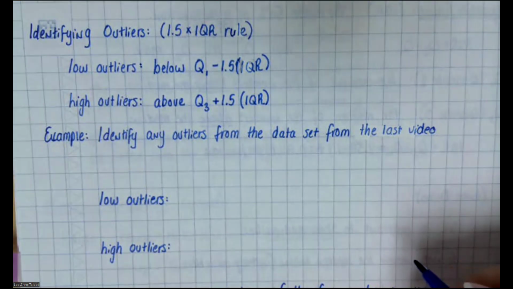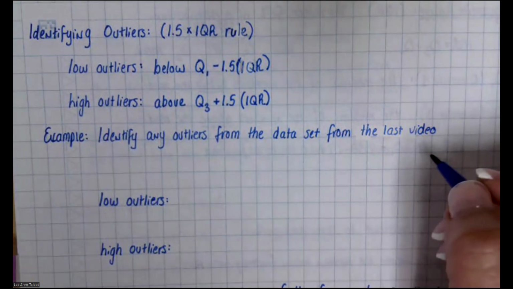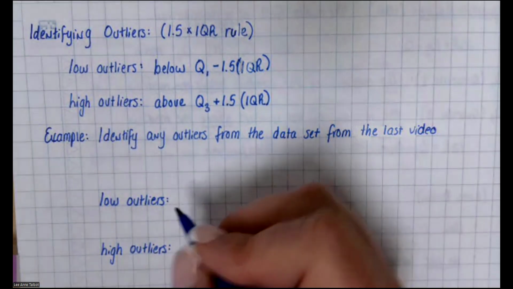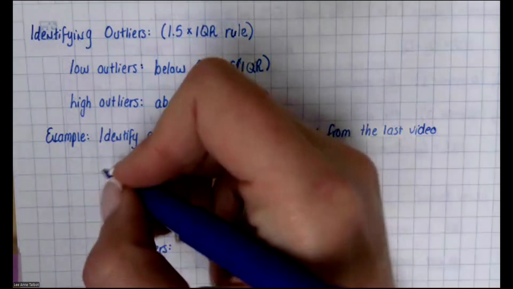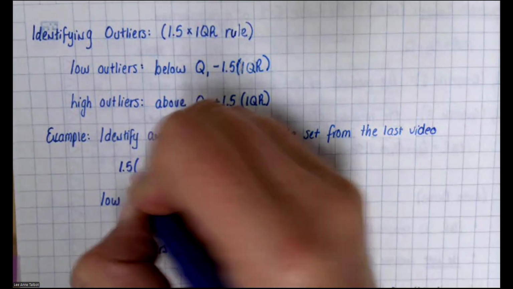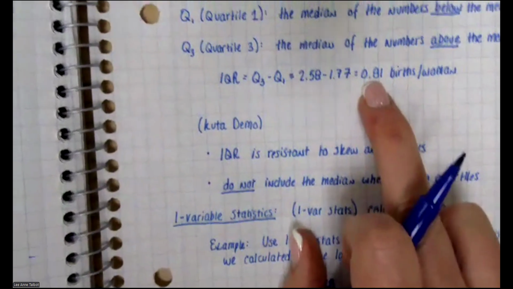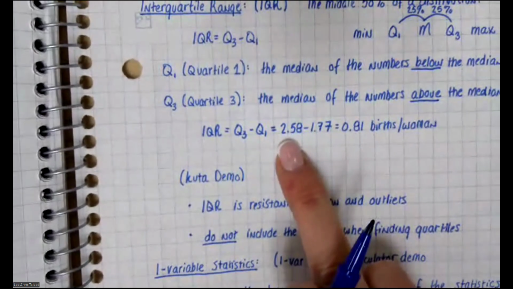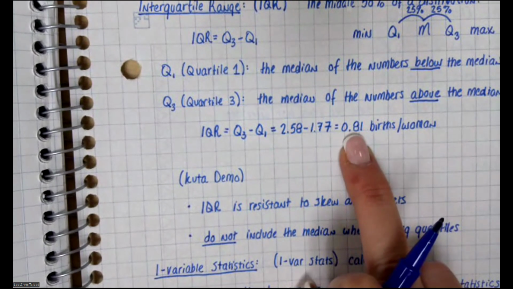Okay, example: identify any outliers from the data set from the last video we did. The first thing we need to do is multiply 1.5 times the IQR. So going back to the last video, we calculated the IQR was 2.58 minus 1.77. So the IQR was 0.81.